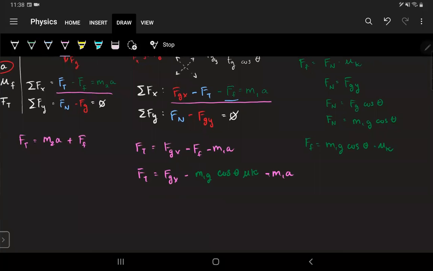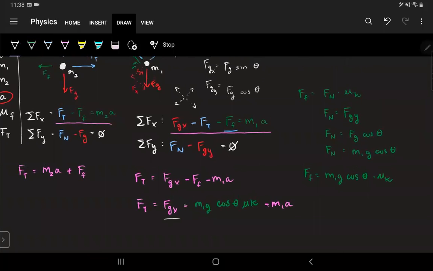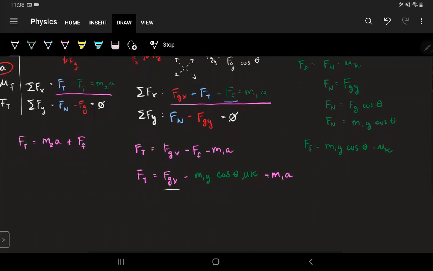All right. If you don't follow along on any of this, just remember to rewind and take a small step back. All right. So fgx, however, we know that fgx here is equal to fg sine theta, which is equal to, so ft is equal to m1g sine theta minus m1g cosine theta mu k minus m1a.